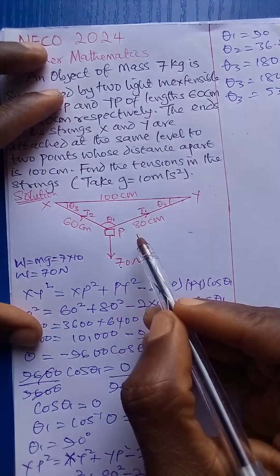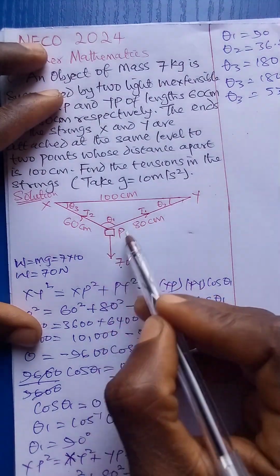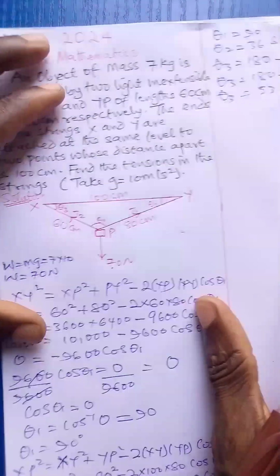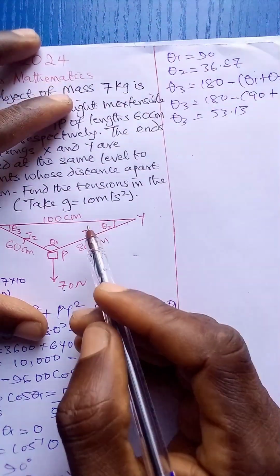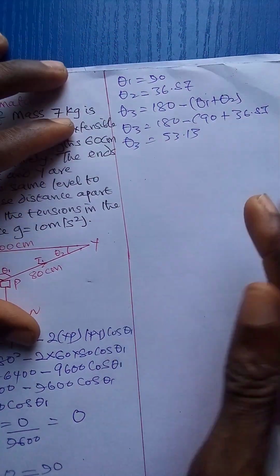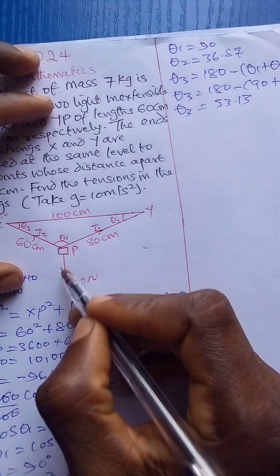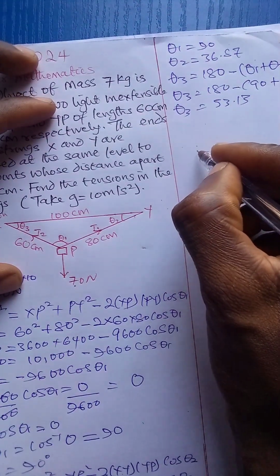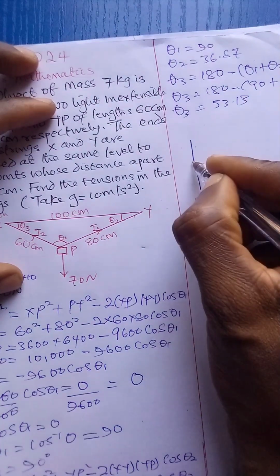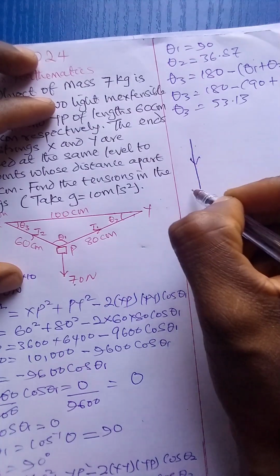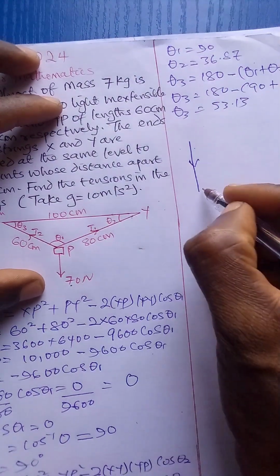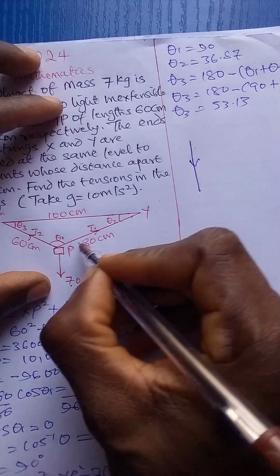Now, I was saying that I am going to redraw these three forces to form a triangle, applying the triangle law of forces. I like to start with the vertical one. So if I start with the vertical force, which is the weight of the object acting downwards, where it ends, I'm going to start T1 from there.